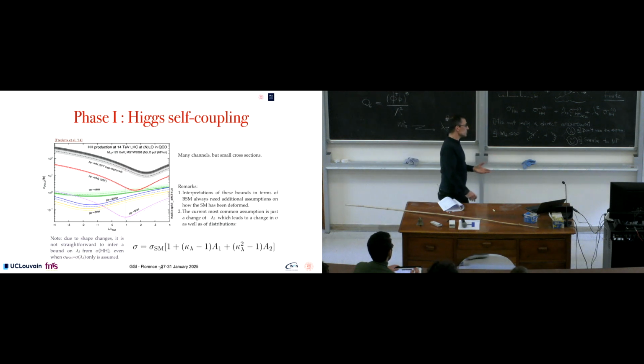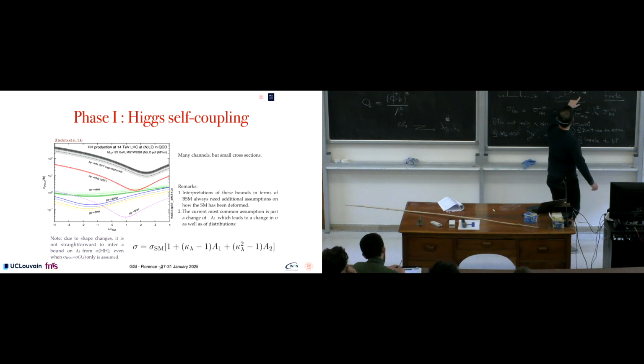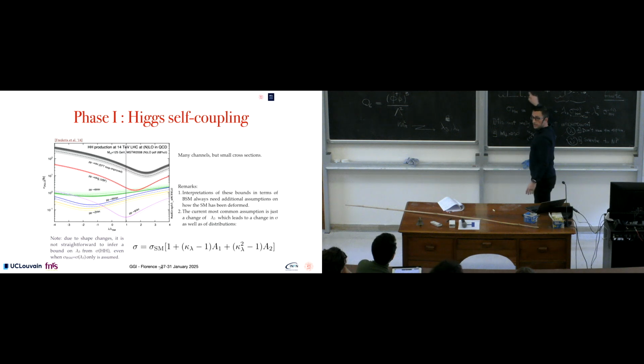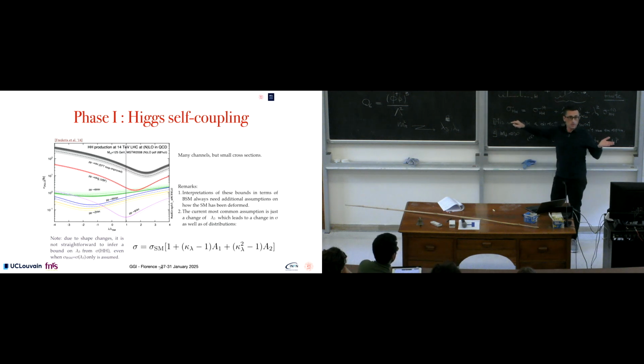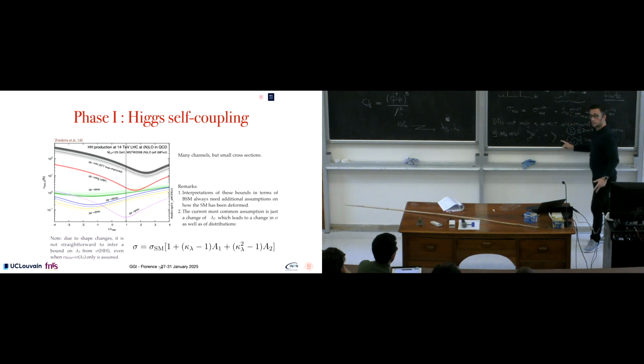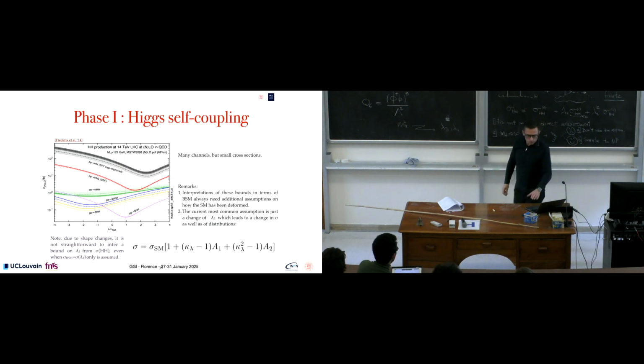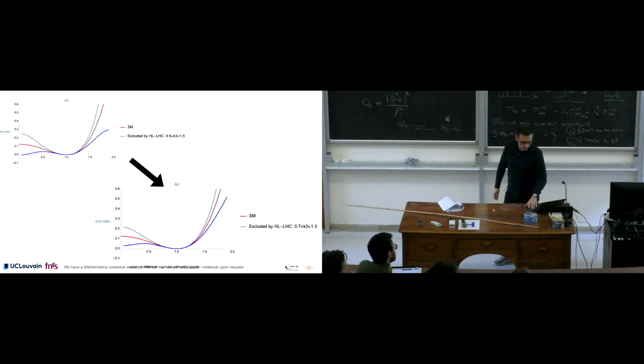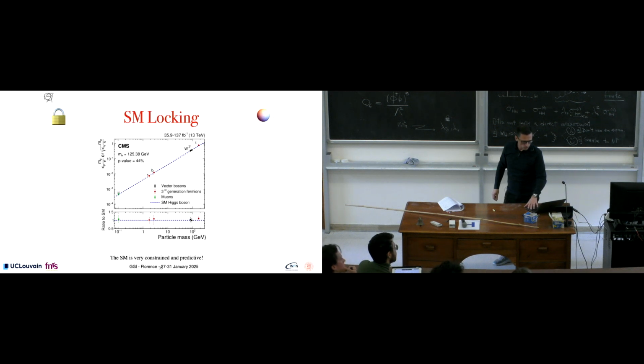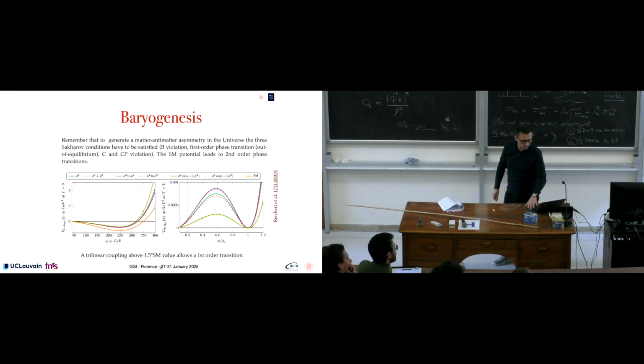But then, of course, the question is, if you modify this one, then you have to go back and look at all the diagrams where the other operators enter: the chromo, the Yukawa, and the GG. So I will need to do the full computation again, which is shown somewhere here.